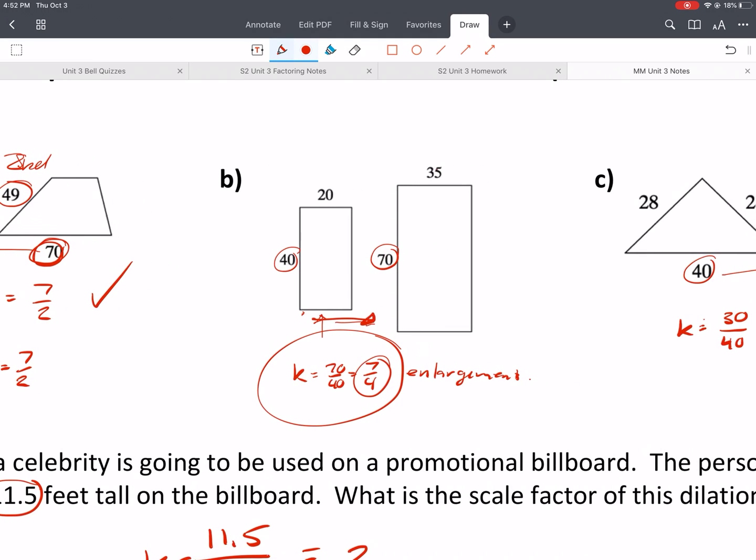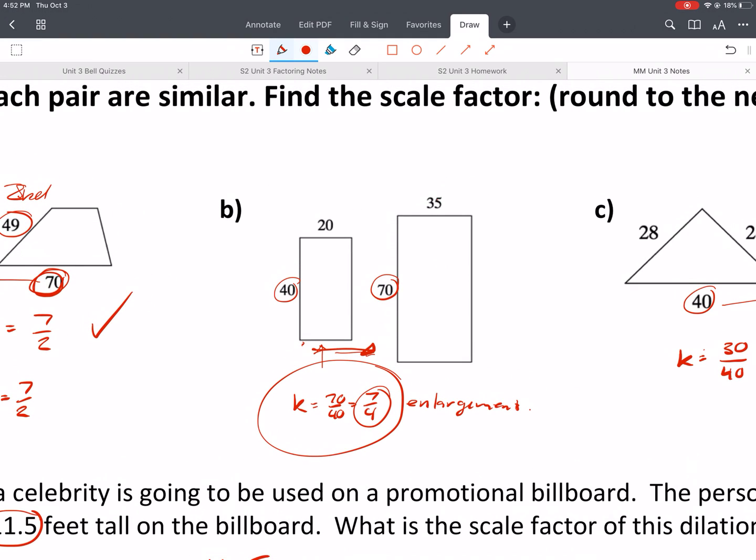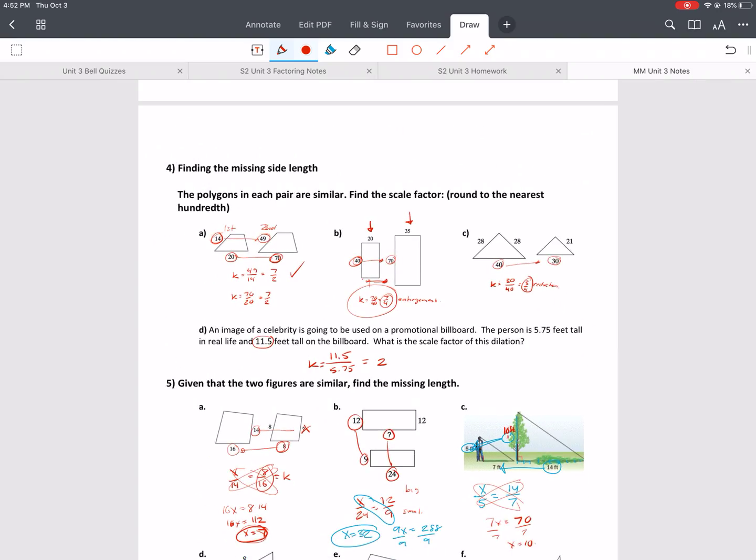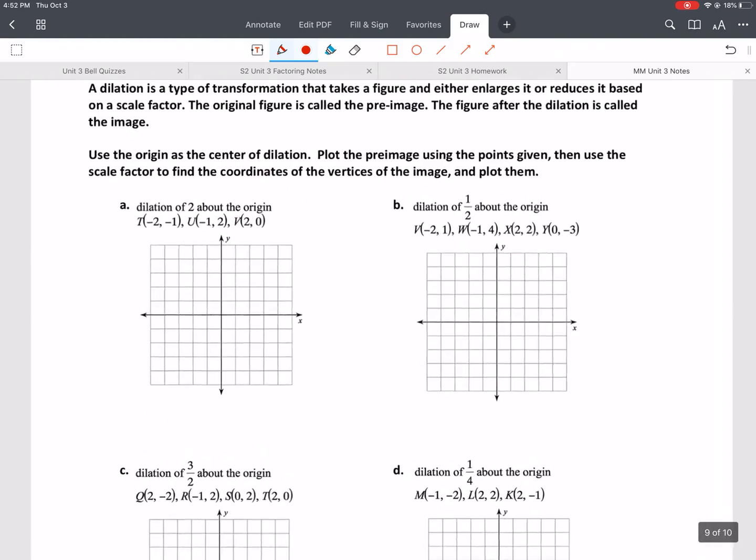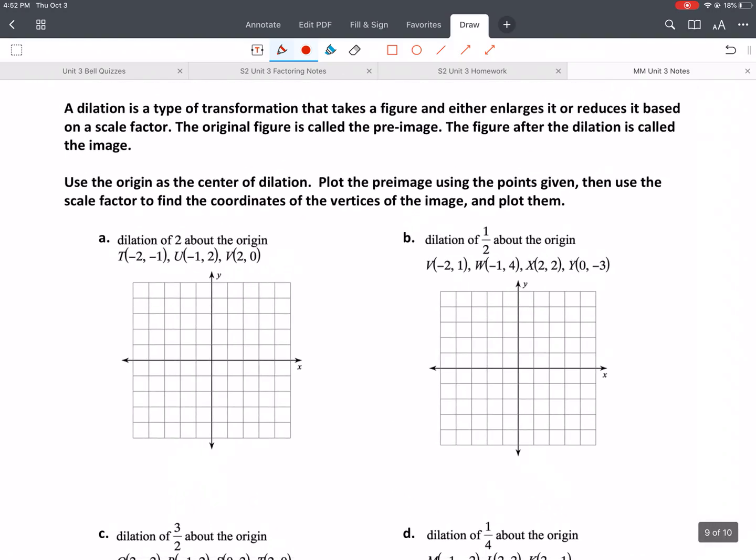So like here, if we multiplied 40 by 7/4, our scale factor, we would end up getting 90. Okay, so that is a dilation, taking it from the first shape to our second shape. That is a dilation.